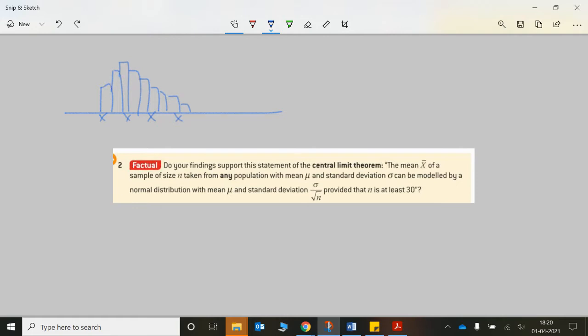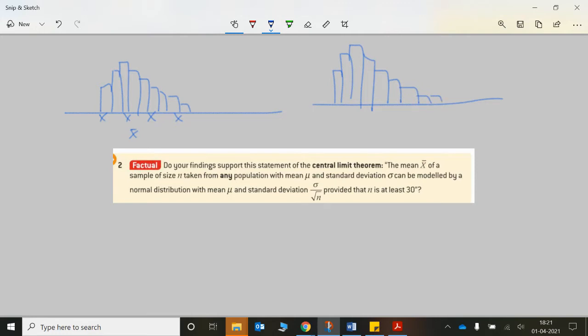Now, X bar from a few of these would be, maybe it's there, maybe that's going to be your result for X bar in that particular case. Now, if you did that several times over, then what does the distribution of X bar look like?